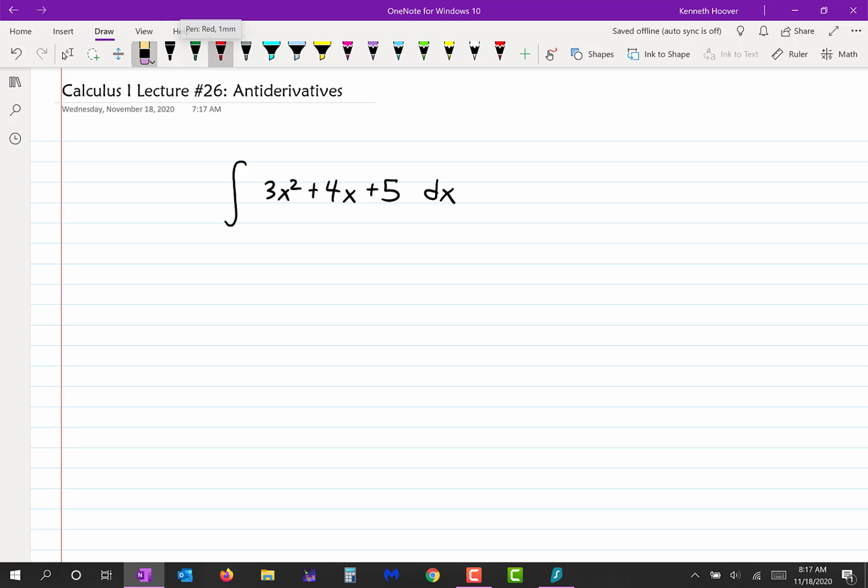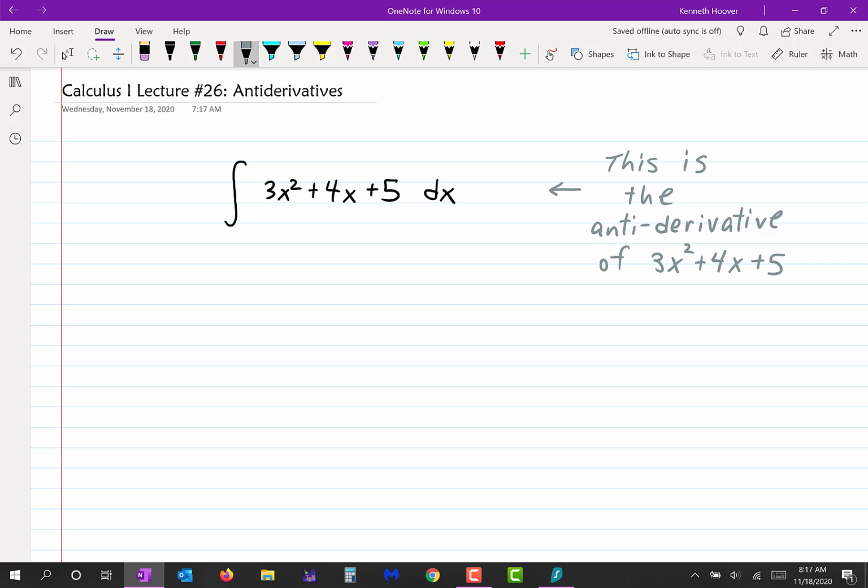Okay, here's what it means. This is the antiderivative of 3x squared plus 4x plus 5. Look at that word there, antiderivative.